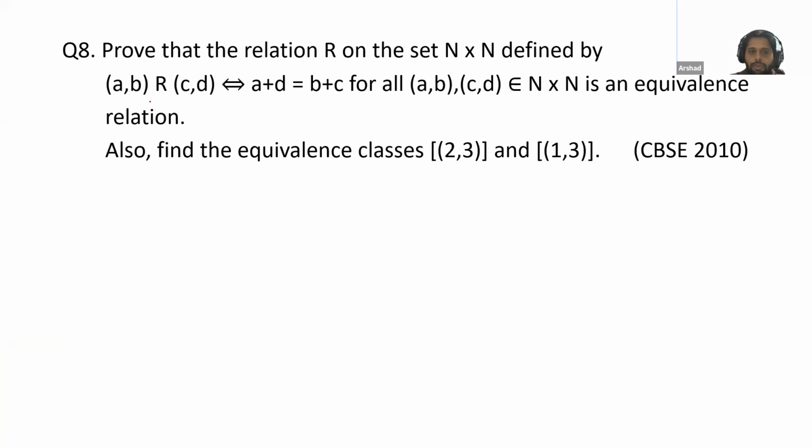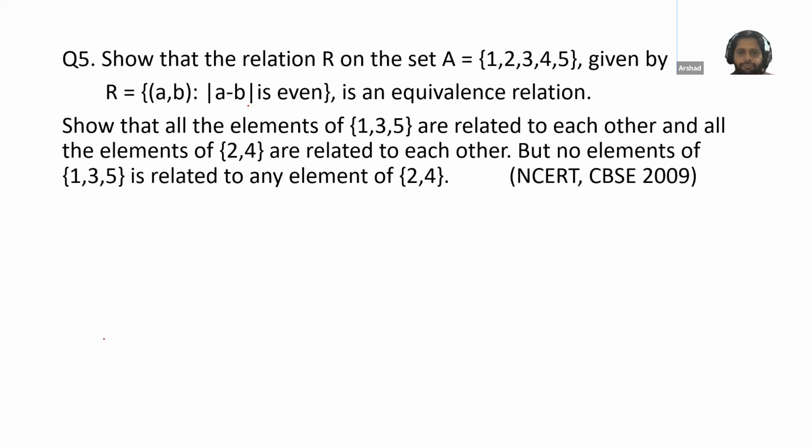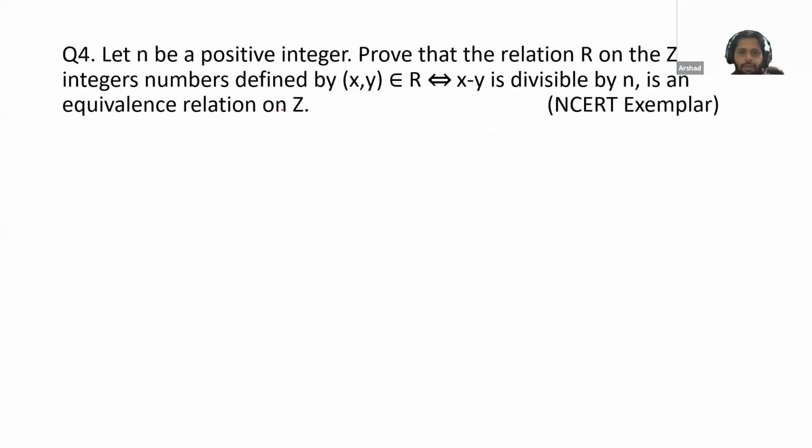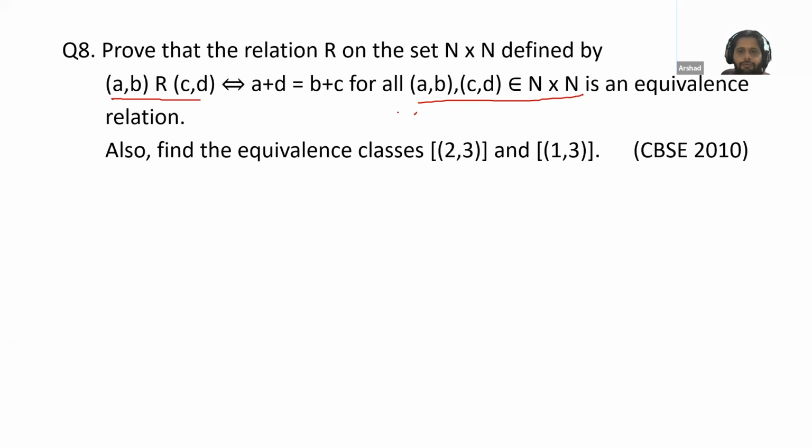Here they are saying this is related to this, and this belongs to the relation N by N. If you check any previous question, for example this, here you have a set A, and this is even. If you check any other question, for example this, there is a difference. Can anyone tell me the difference between this question and all the previous ones?